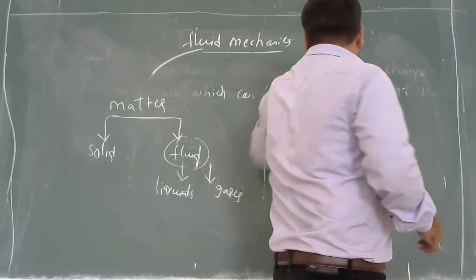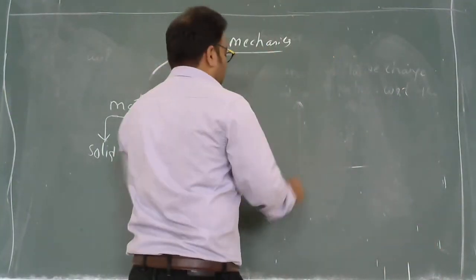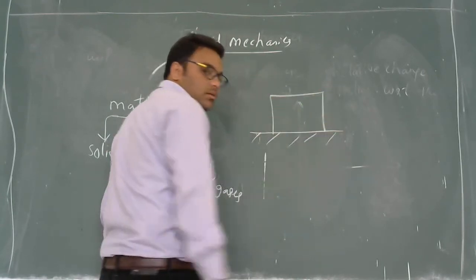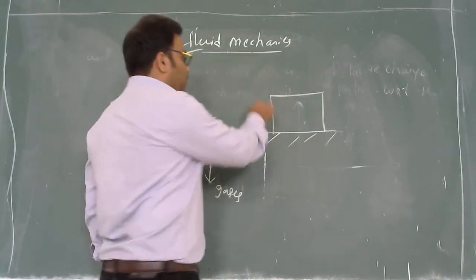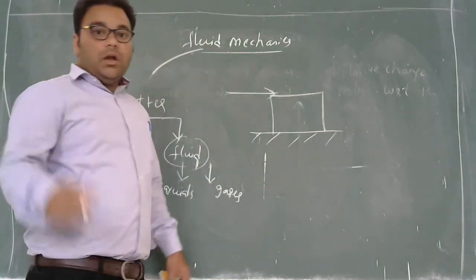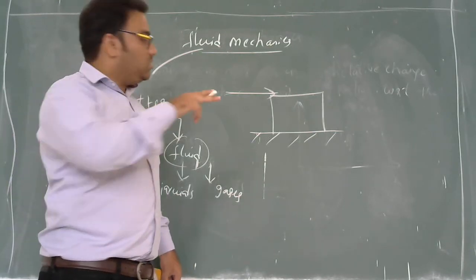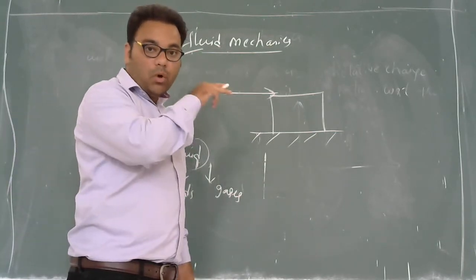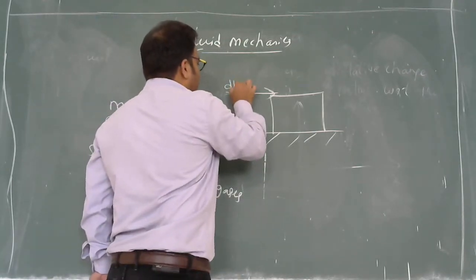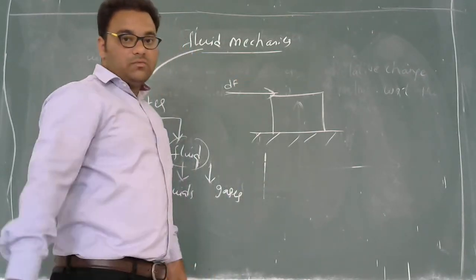Let us take a solid block. This is the surface. I am applying small shear forces like this. A shear force means it should be parallel to the surface of the body. So I am applying a small shear force. What happens after application of the shear force?